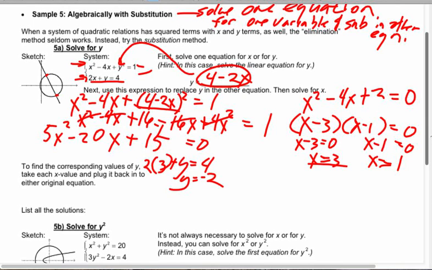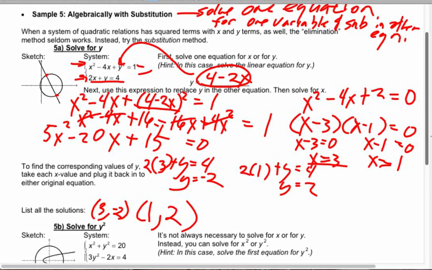So one point then is going to be (3, negative 2). And then I'm going to substitute the 1 in. So that's going to give me 2 times 1 plus y equals 4, or y equals 2. So my other point will be (1, 2).